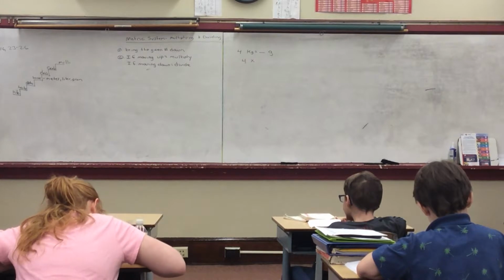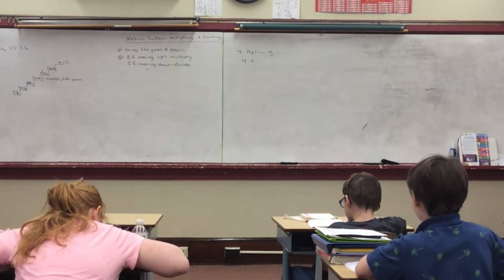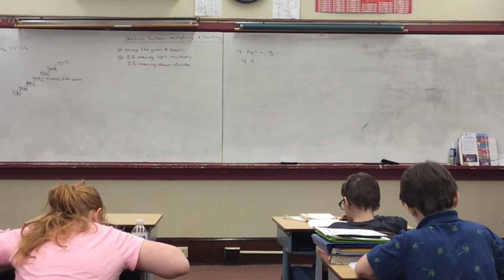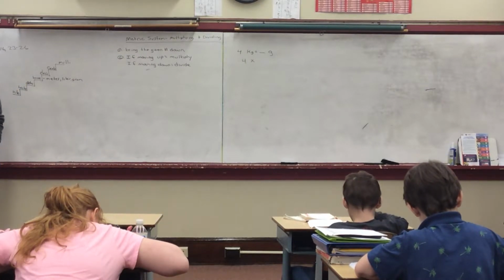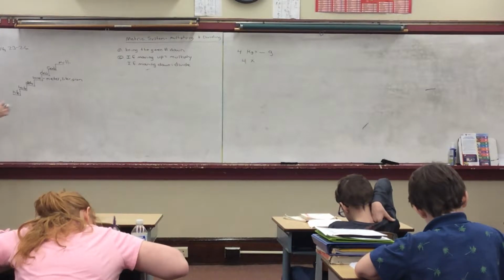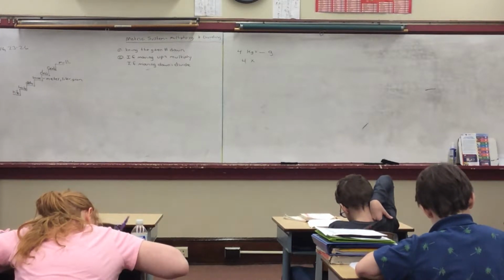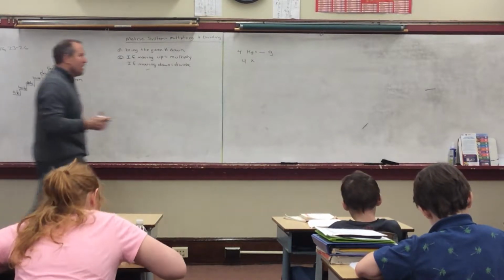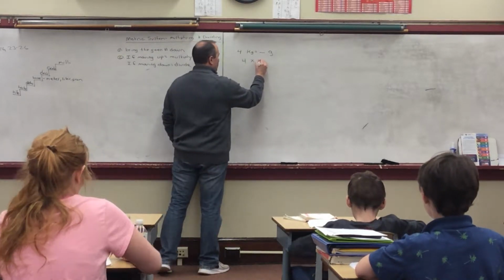Now, how many steps are we moving up? 3. For every step we move up, we do what? Add a 0. So since we're moving up 3 places, we're going to multiply with 3 zeros, or simply 1,000.